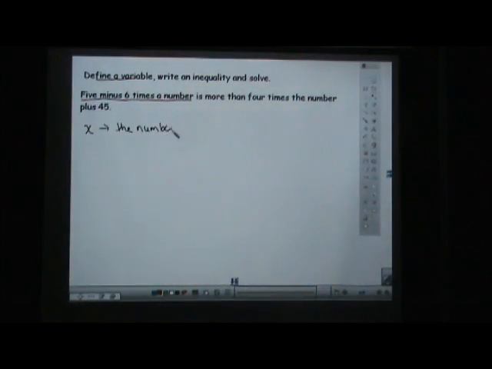Now, as I'm translating, it's 5 minus this multiplication. So I'm going to do 5 minus 6 times my number, which is 6 times x. Now right here it says is more than, and as soon as you see that word is more than, that indicates the inequality symbol. So is more than would be greater than. And then translate the rest. 4 times the number, that would be 4x. And then it says plus 45, so we'll add 45.